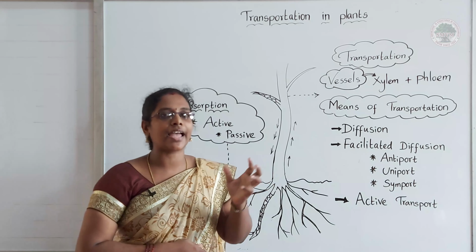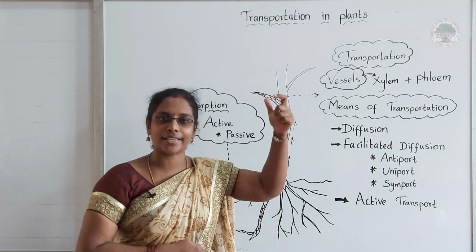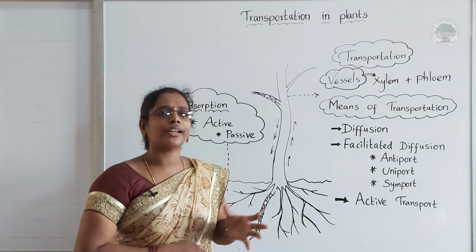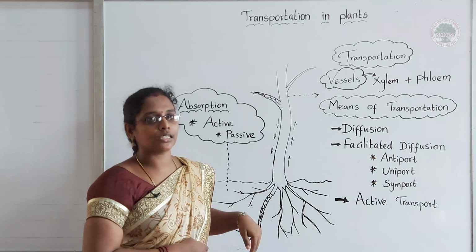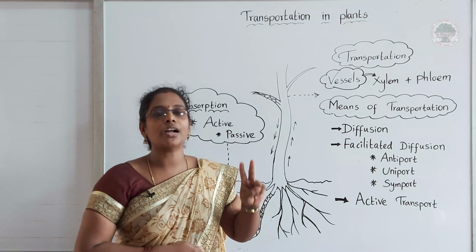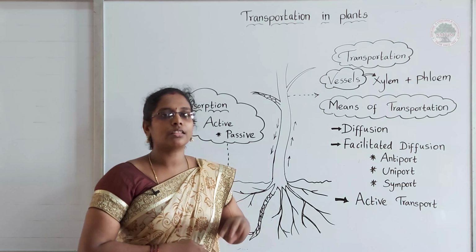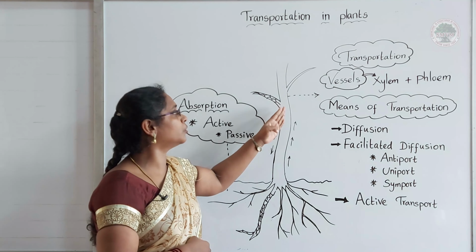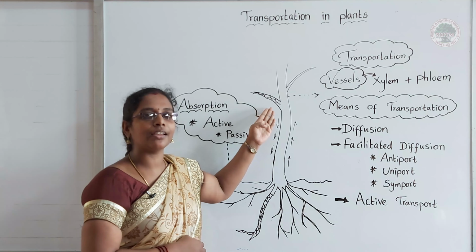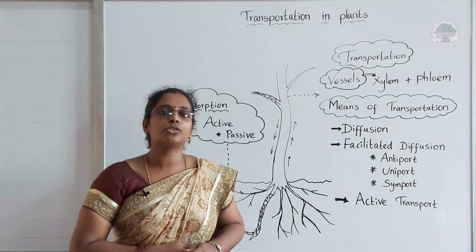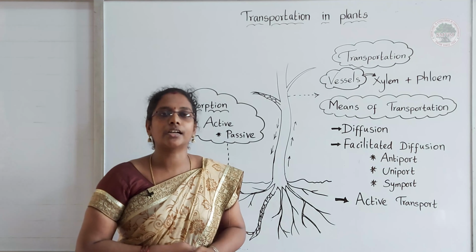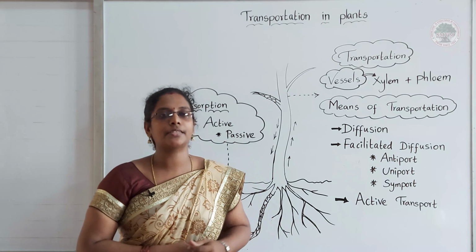Inside the xylem tube, it is a continuous tube-like structure, isn't it? So the water and nutrients get transported over a long distance. The third one is from the tube, they are transported to the nearby cells. So totally this transportation occurs in three steps.